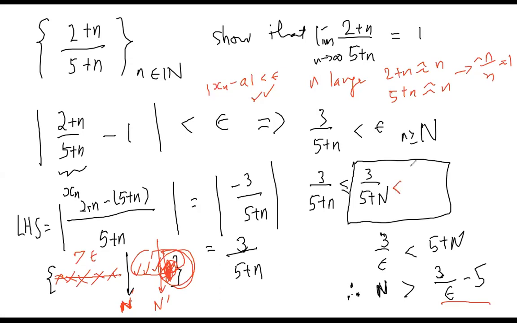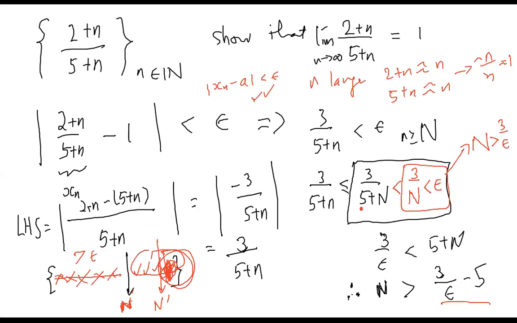This would be less than 3 over n, right? 3 over 5 plus n is definitely less than 3 over n, because you got an extra 5 in the denominator here, and this doesn't have an extra 5. So definitely the left-hand side is less than the right-hand side. And of course, you can set the condition to be less than epsilon, and then you focus on solving this part. This will basically give you a simple solution, which is n larger than 3 over epsilon.